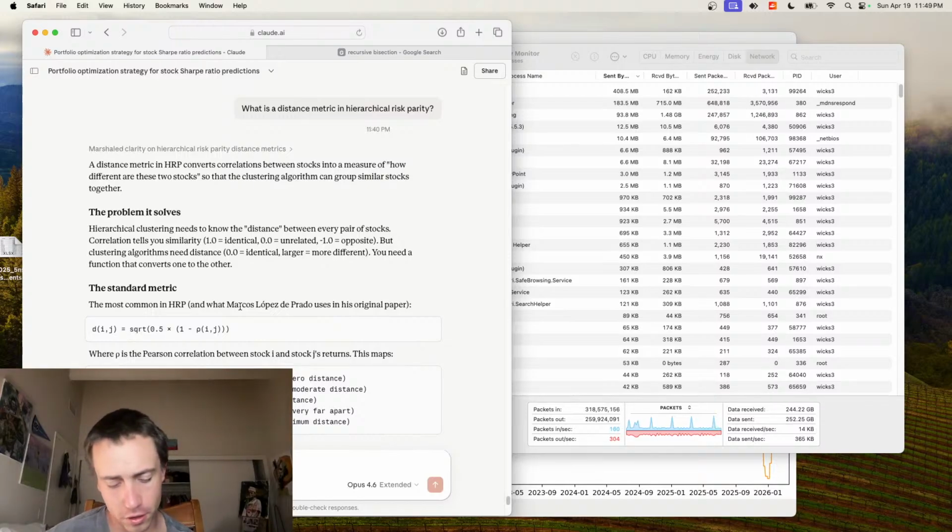So that makes it a triangle, basically. Define a distance metric so that correlated assets are close to each other.